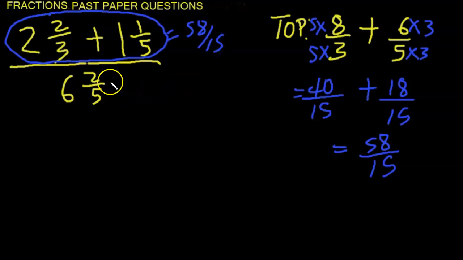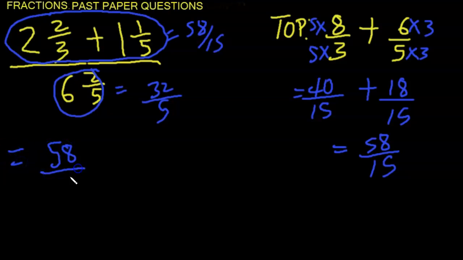And this 6 2/5 works out to be 5 times 6, 30, and 2, 32 over 5. So the problem becomes 58 over 15 is what everything at the top works out to be.